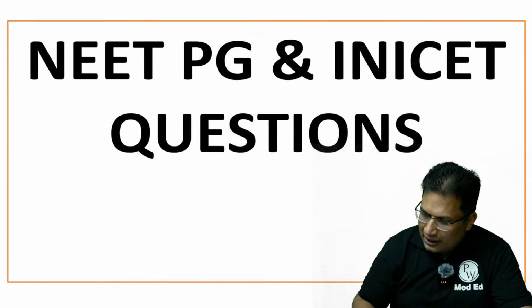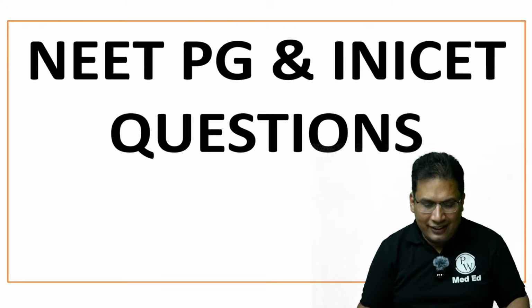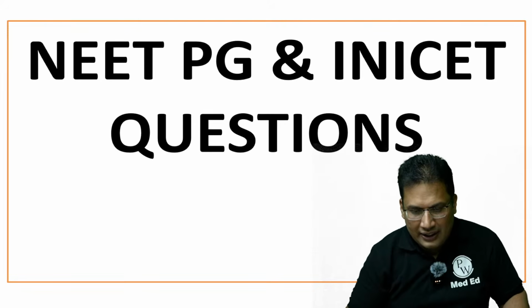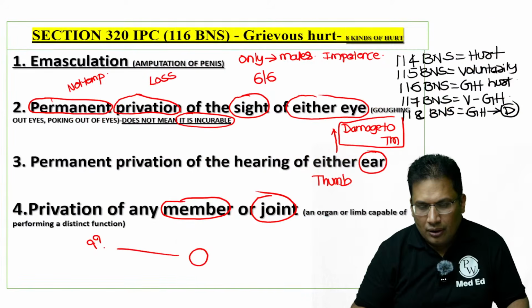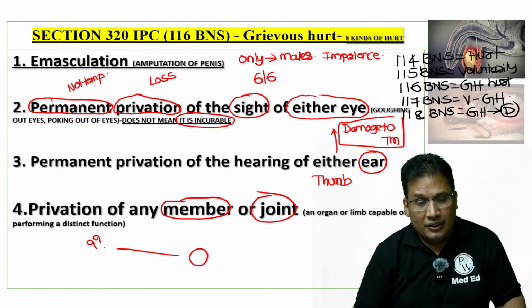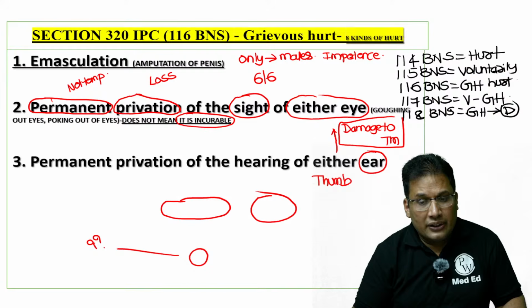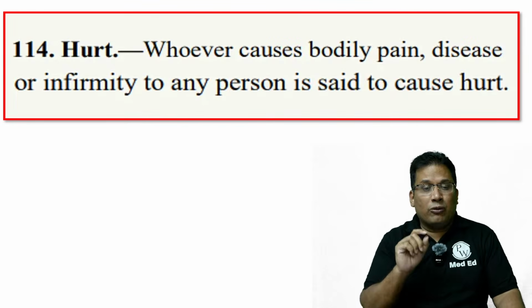So now let's start some important NEET PG INICET questions based on this. I'll just repeat: 114, 115, 116, 117, 118 are frequently asked. What is 114? 114 is hurt.